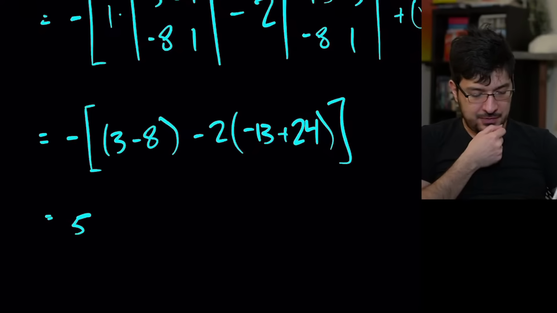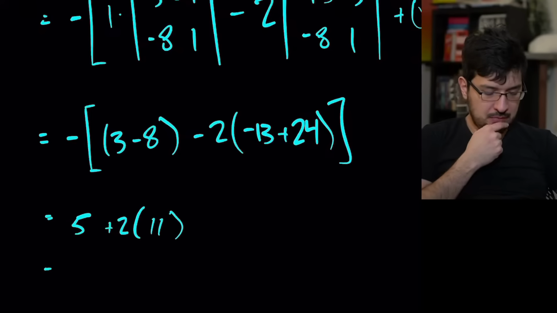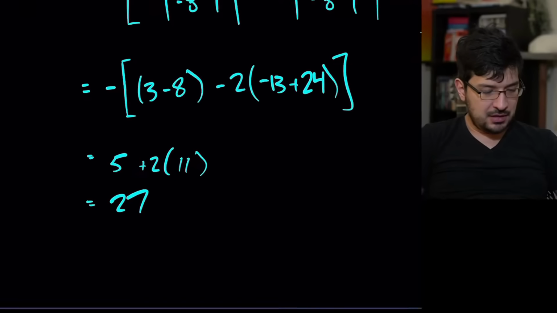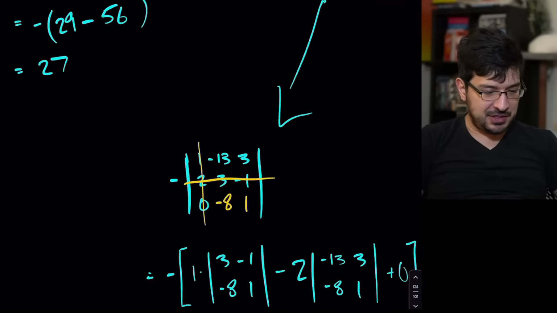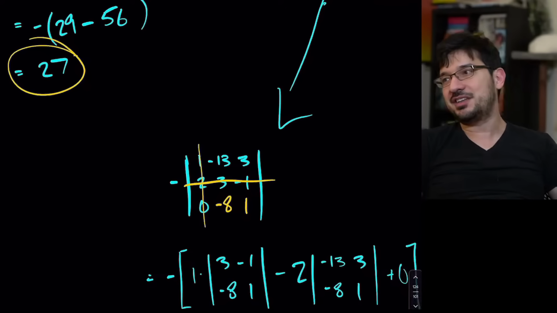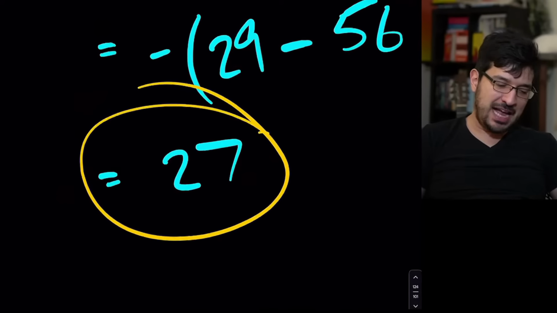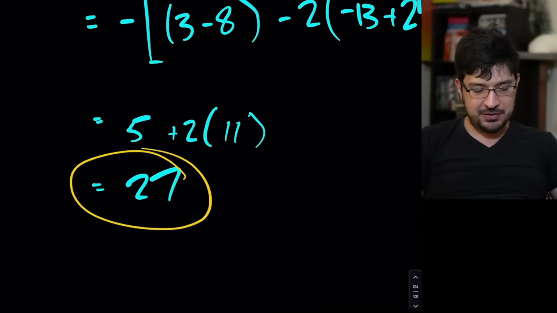Distribute the negative. Plus 2 times 11. Right? So 22 plus 5 is 27. Yo, that sounds familiar. Did we get 27 earlier? We did get 27 earlier. Look at that. Mathemagical right there. 27, 27. So either way works.